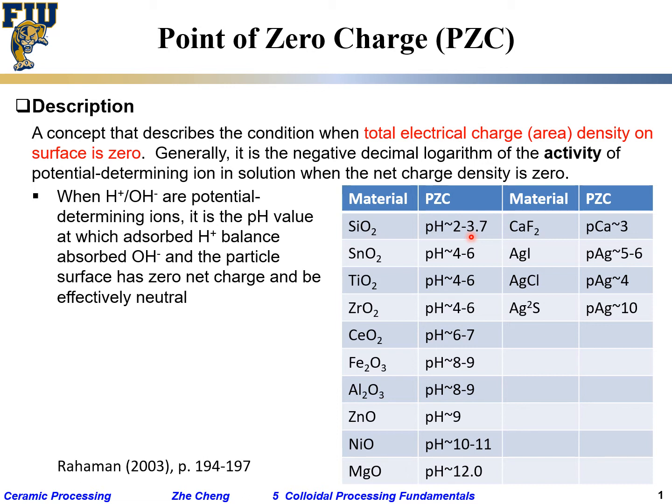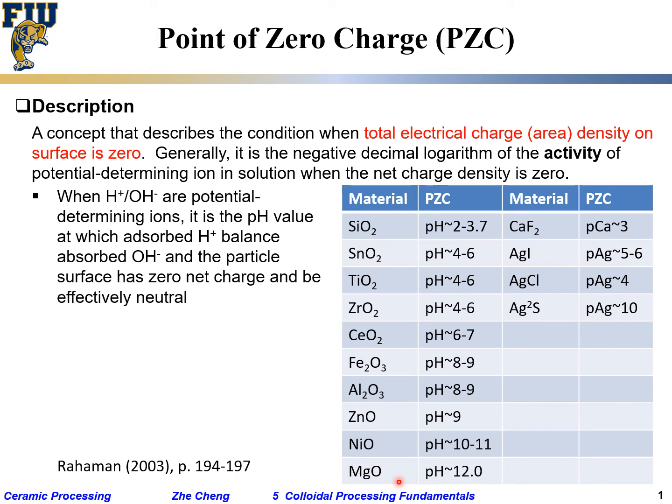When the solution is acidic, the particles have 0 charge on the surface. On the other hand, for certain particles like magnesium oxide, when they dissolve in water, the PZC is highly basic, which means you need a highly basic solution in order for the magnesium oxide surface to be charge neutral.